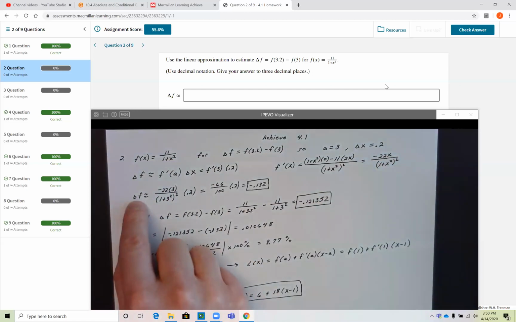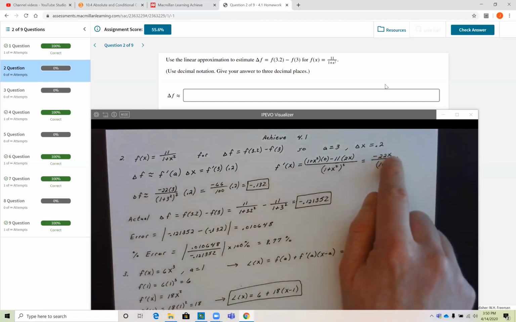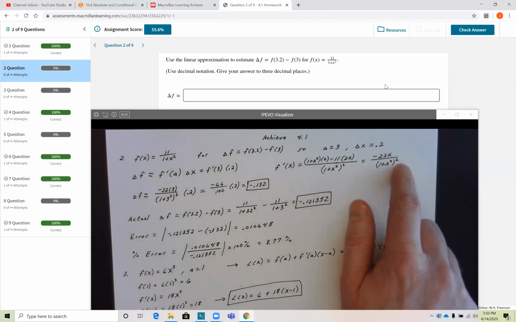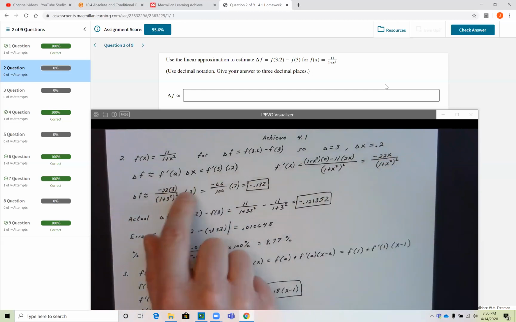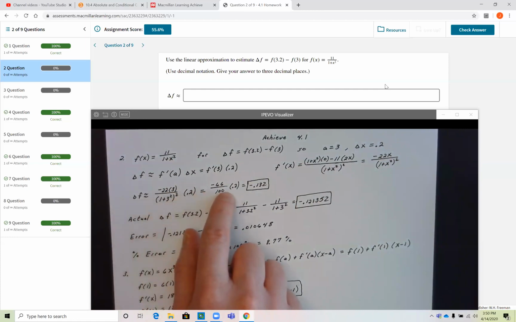So now the change in the function's values is approximately equal to the derivative evaluated at 3. I plugged a 3 into this derivative: negative 22 times 3 over 1 plus 3 squared, quantity squared. That gave me a negative 66 in the numerator and a 10 squared in the denominator, for 100.